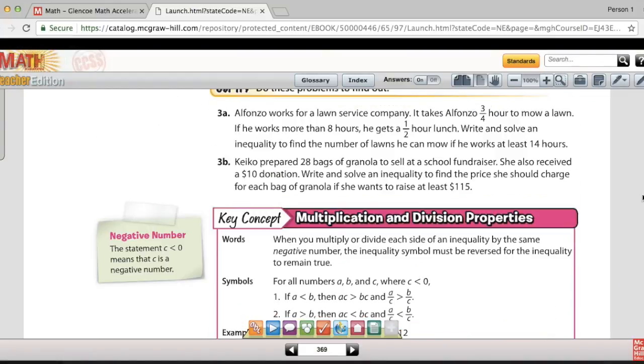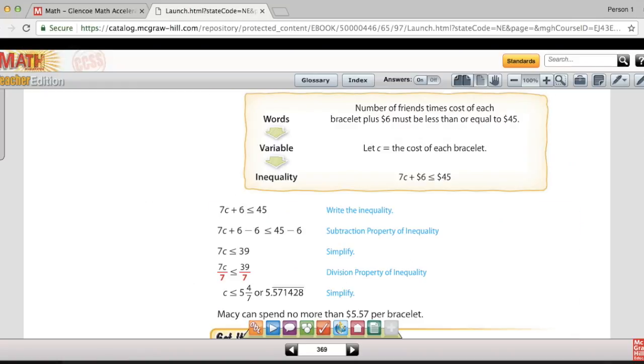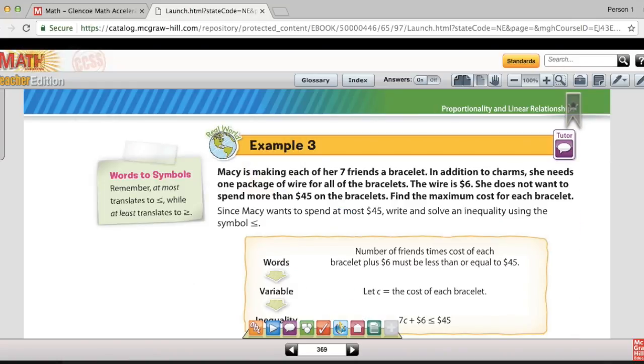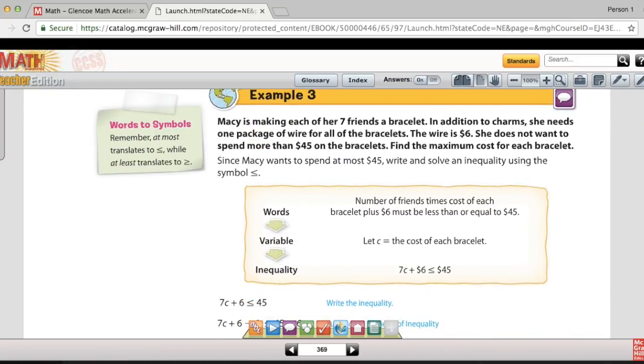And let's see here. The top here we have a story problem of Macy making her 7 friends a bracelet, and in addition to the charm she needs a package of wire for the bracelets, and the wire is $6. She does not want to spend more than $45, so we have C, the cost of the bracelet, and 7, the number of friends.